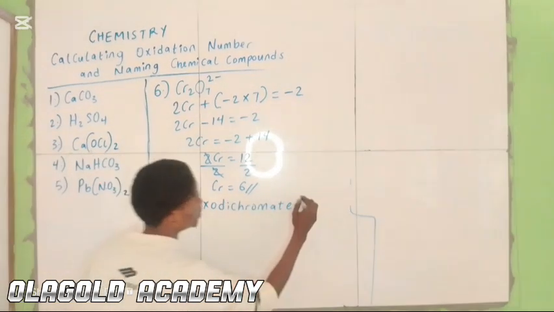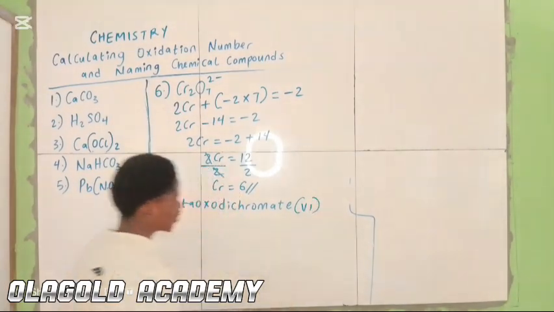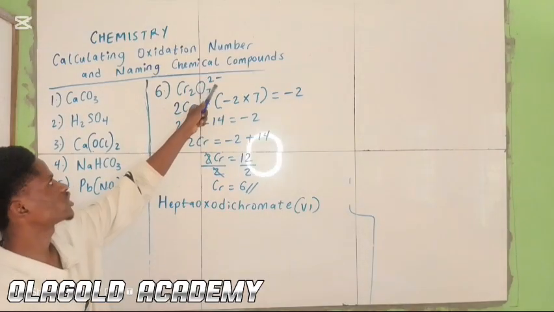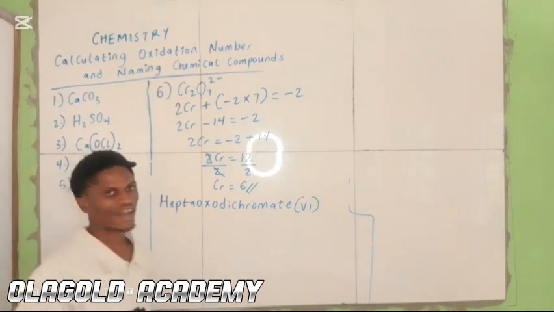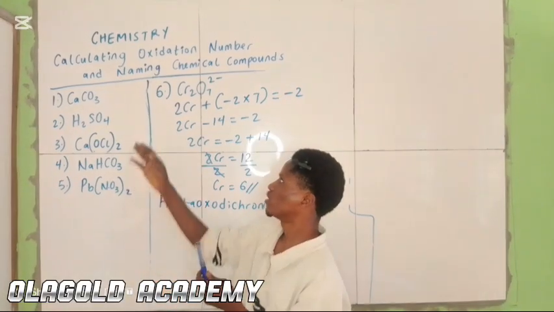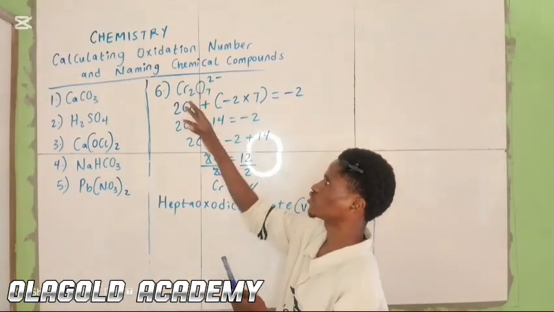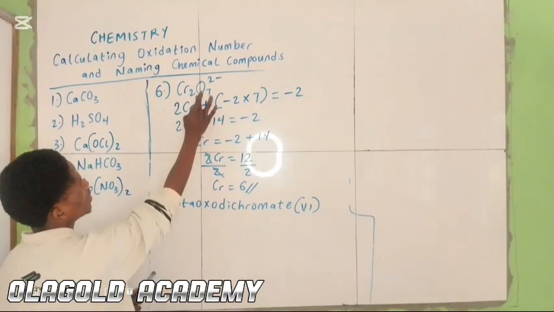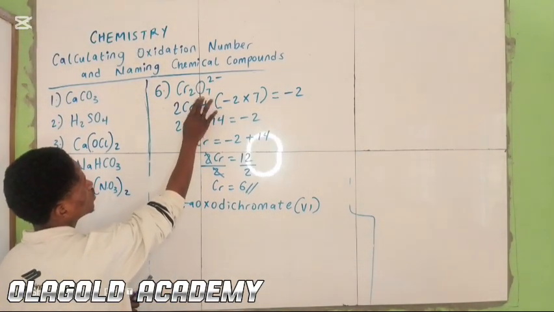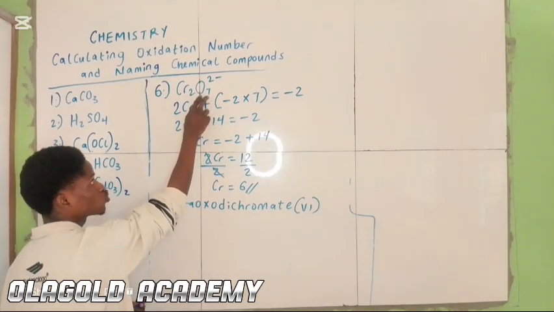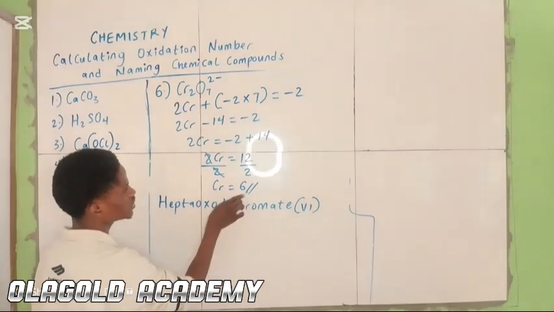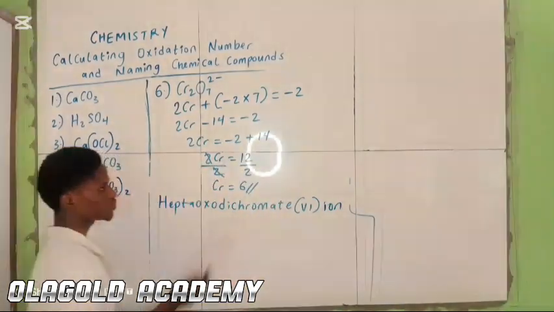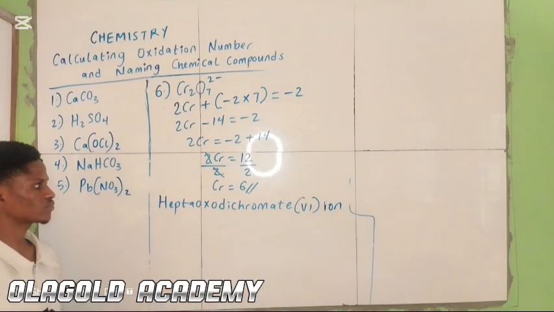I have 6 here. Let's not forget that this one is an ion because it has a charge, but we call it a radical because it is a group of atoms having a single charge. So we call it heptaoxodichromate(VI) ion. So we have this one here.